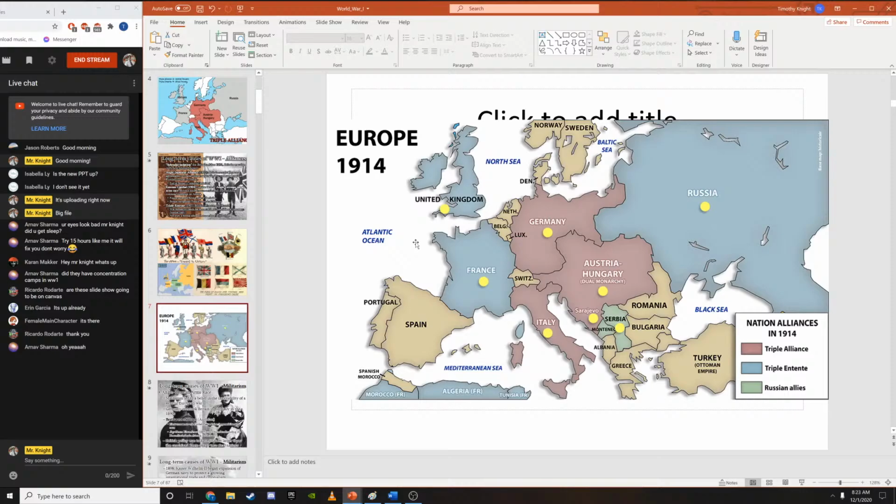This is why this is so significant: when the war breaks out, these alliances are kind of like, imagine that you were in a web or a net.